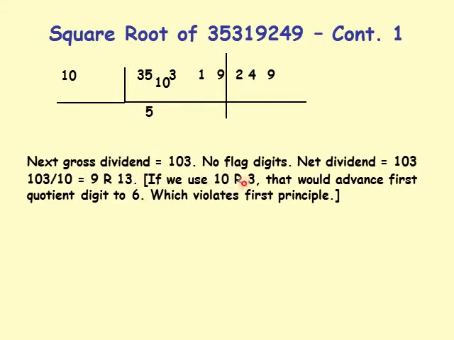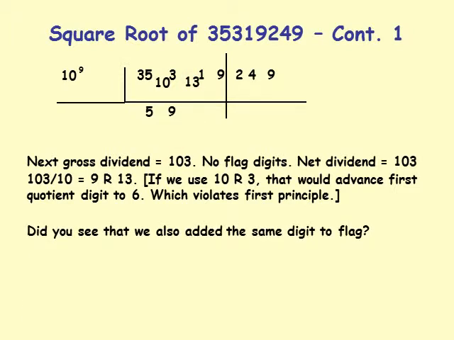If we did use 10 remainder 3, that would advance my first digit to 6, which violates my first principle. So 9 remainder 13 is what we are going to use. That means 9 goes on the flag, 9 goes in the quotient digit, and 13 goes as a remainder which gets appended to the next dividend digit.